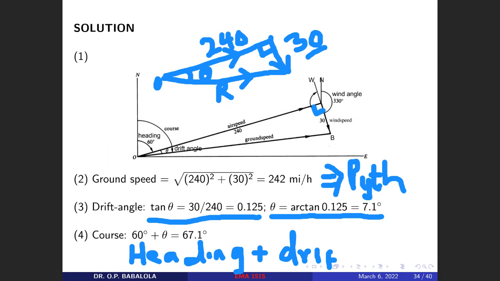So that's how you find the course. And you can see from the diagram, the course is just heading and drift. And it's just 60 plus theta. And 60 plus theta is 67.1 degrees.